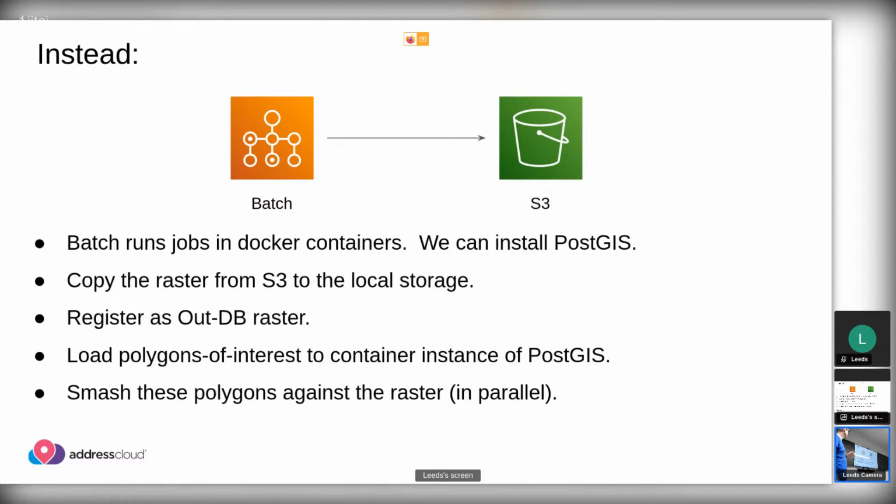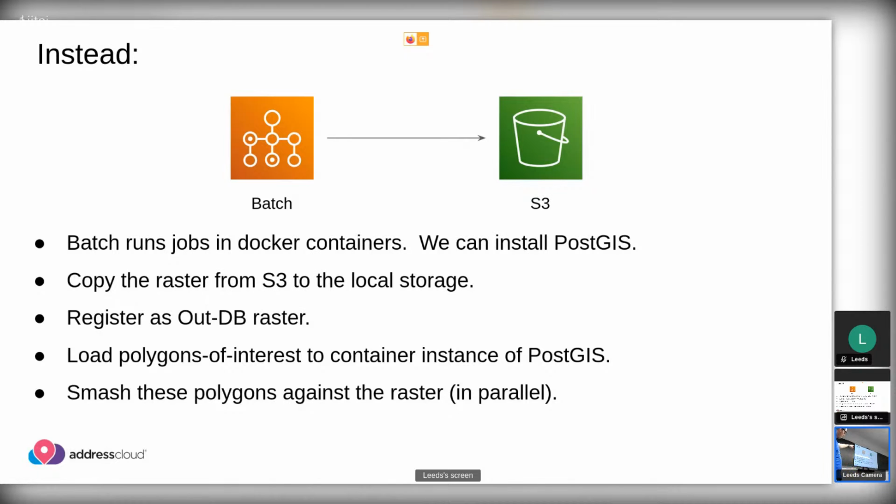We register it as an out DB raster, and yes, okay, we've got 2 copies of our raster, but if we did an in DB raster, we would have 3 copies of our raster lying around. And then also in this batch environment, we load polygons of interest to that instance of PostGIS, and then we do this process of clipping these polygons against that raster in parallel.